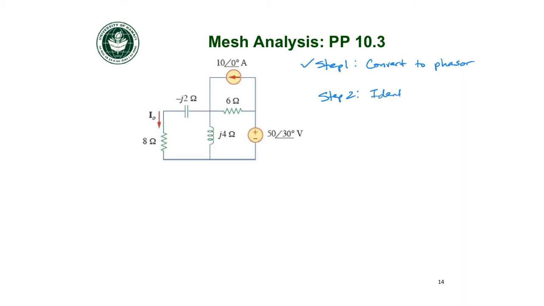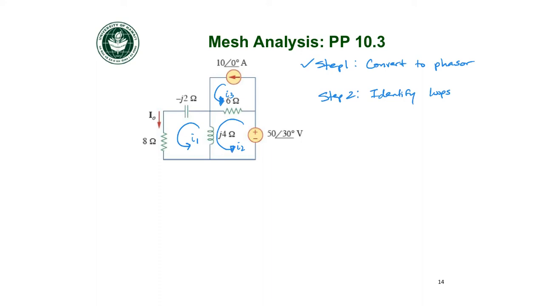We have to identify the loops in our circuit to do the mesh current analysis around. Let's say that this is going to be current I1. Let's call this current a mesh current I2, and this is going to be mesh current I3.